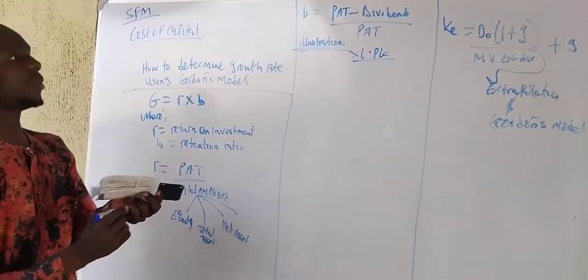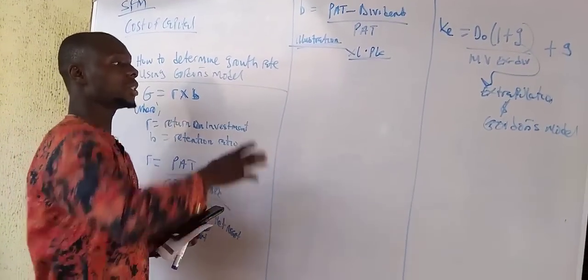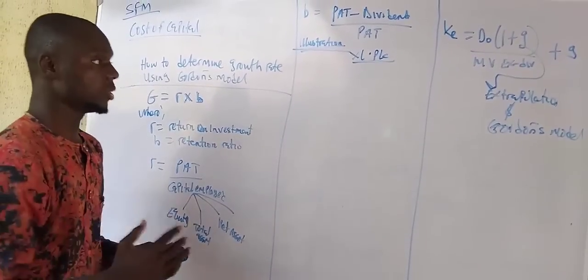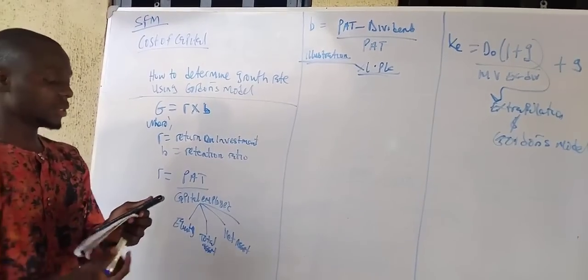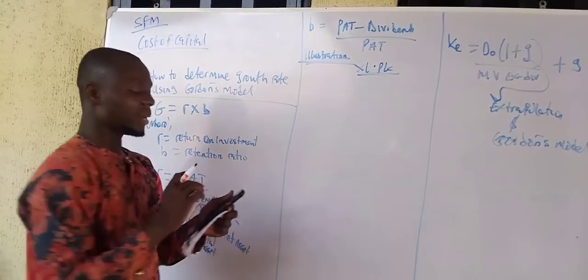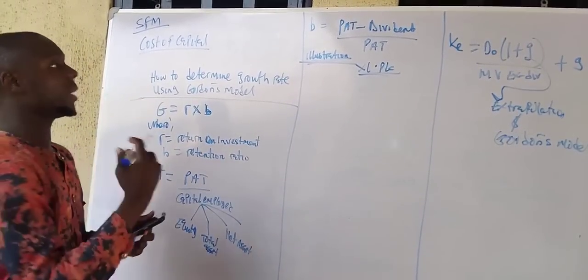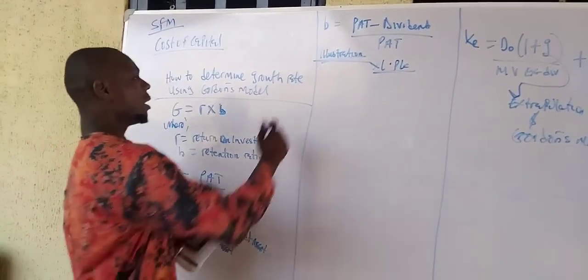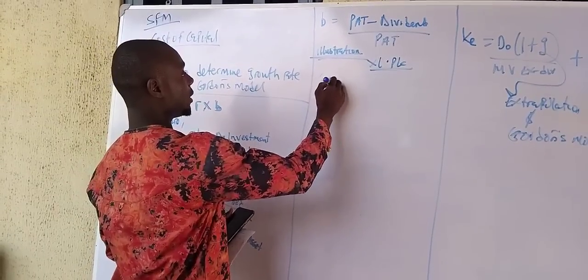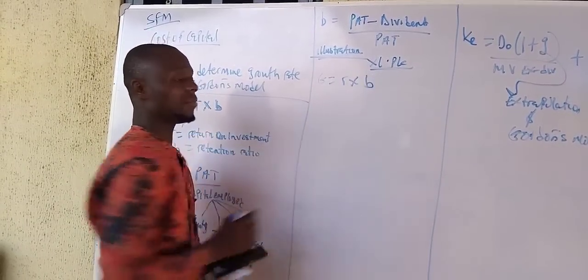You know, in this question, we are not given the extrapolation series of dividend. So we should know that this is Gordon's model to determine the growth rate. Now, first thing we need to establish from this question is to go back to 31st December 2019. The growth rate equals R times B, formula first.